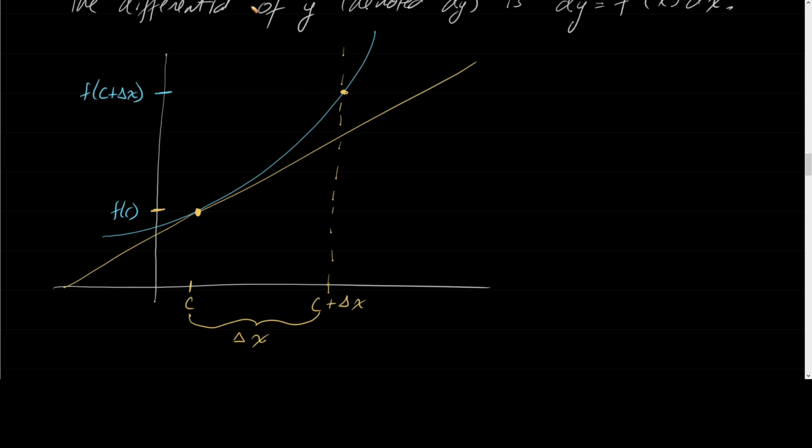Now, in here, let's look at this point over here. Our blue curve is f. If I call our tangent line there g, then this height is still the same as g of c, right? They're both at the same height there. But over here, this is at g of c plus delta x.